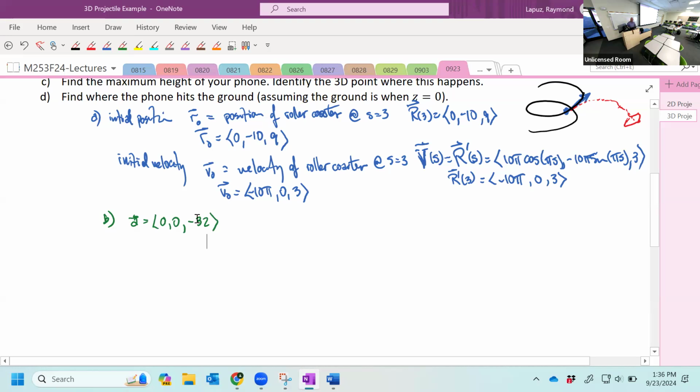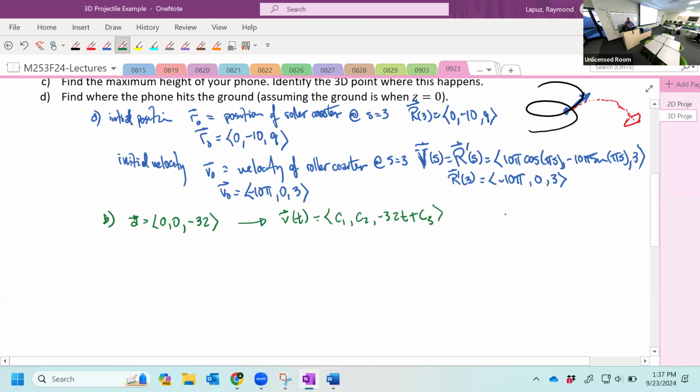So that's important. We integrate once, get the velocity, and that's going to be c1 comma c2 comma negative 32t plus c3.